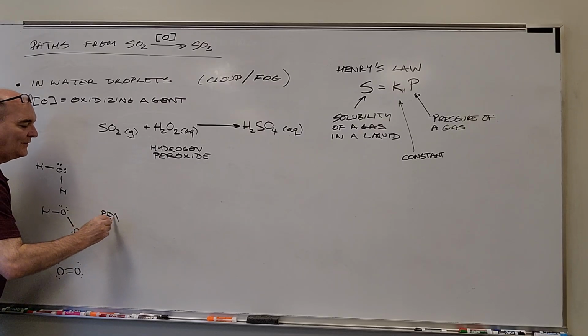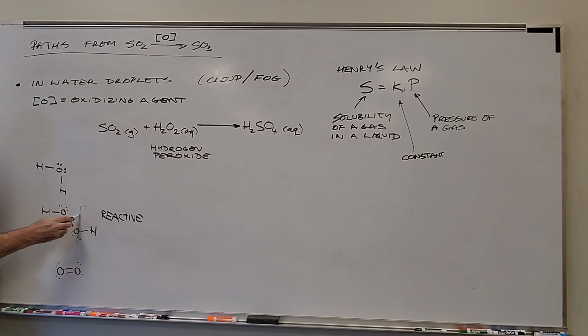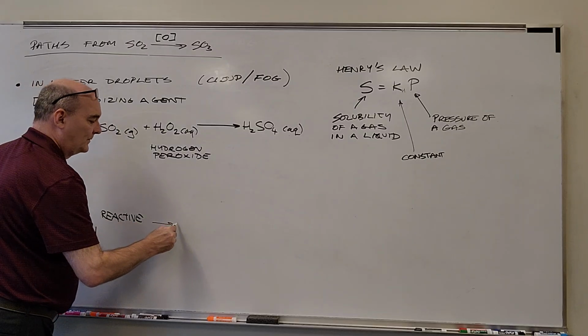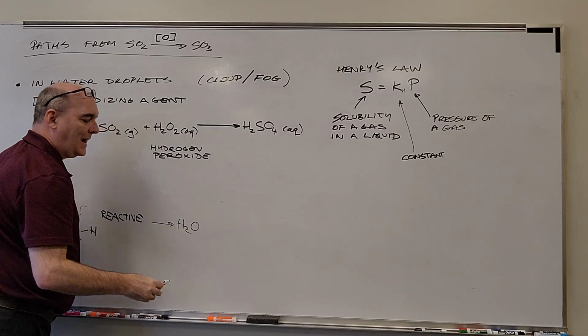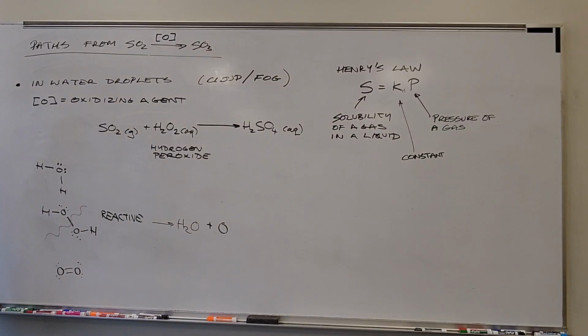And it's reactive in a very, very special way. That bond has to break. And the simplest way of making it break is to form it back into water and let that oxygen go and do something.